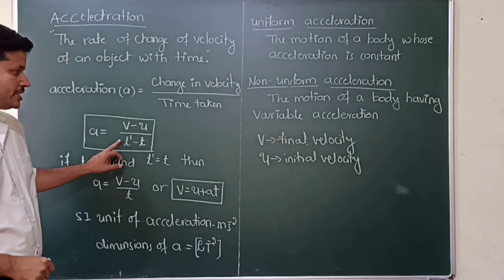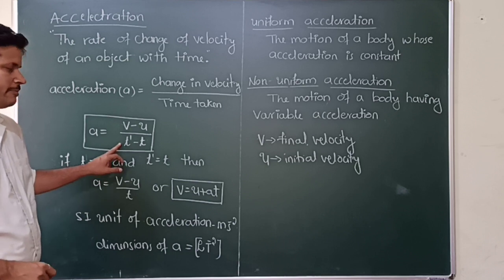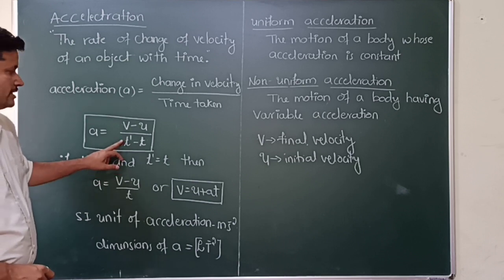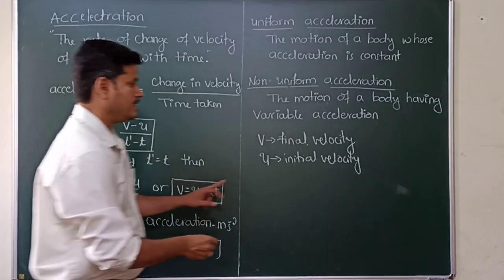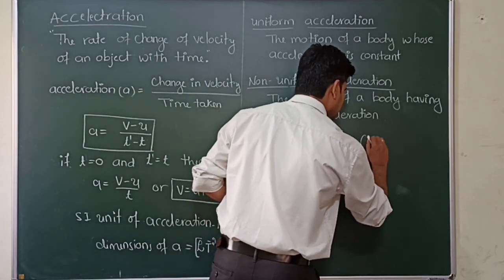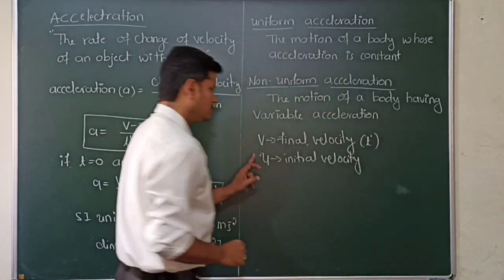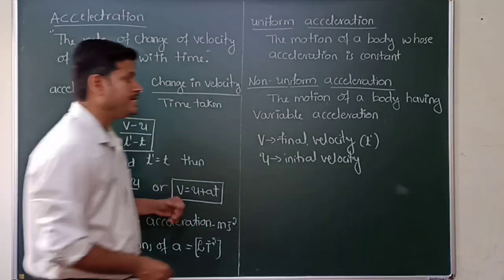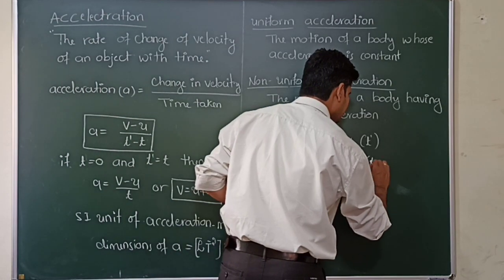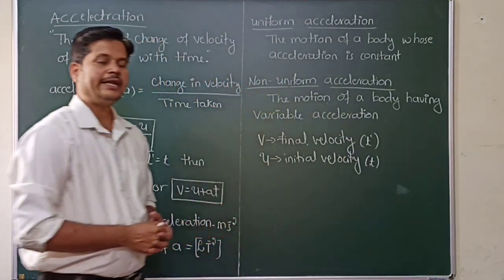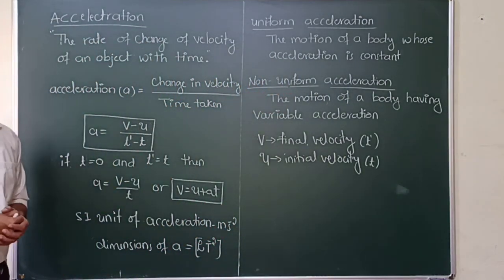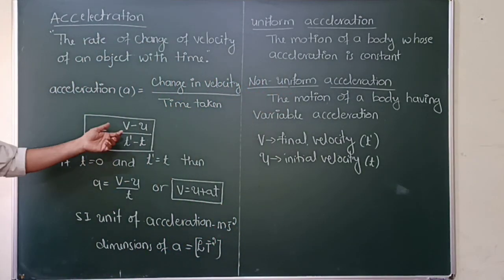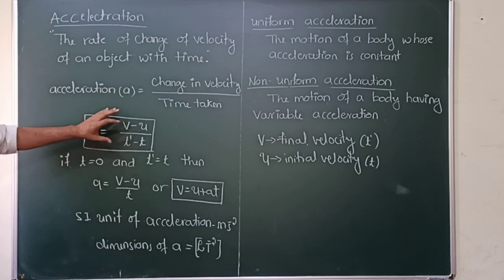And t dash is the time at the final instant, and t is the initial time. If we do this equation, then we will get acceleration.